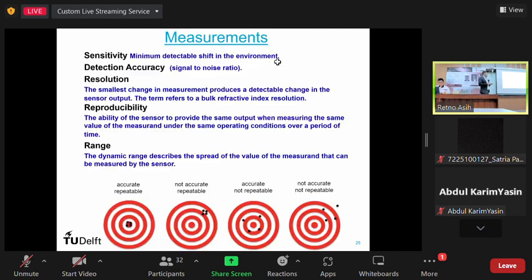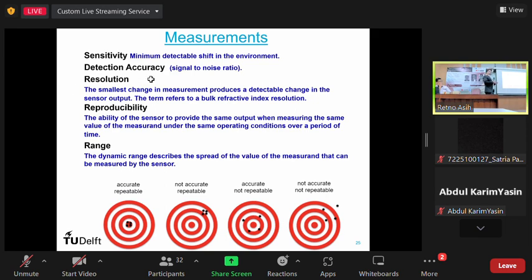Right? And here are some issues that you may have. We call it sensitivity. If you're collecting the data, one of the issues is the minimum detectable shift in the environment.